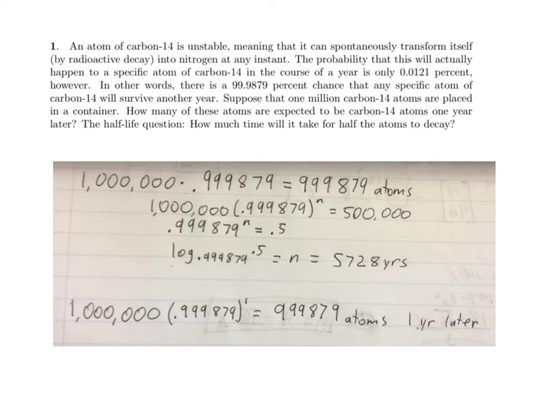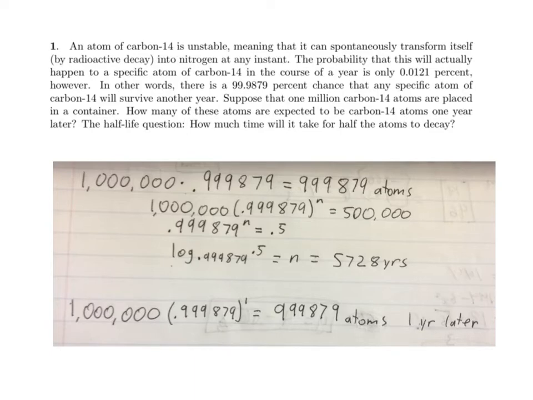An atom of carbon-14 is unstable, meaning that it can spontaneously transform itself by radioactive decay into nitrogen at any instant. The probability that this will actually happen to a specific atom of carbon-14 in the course of a year is only 0.0121%.